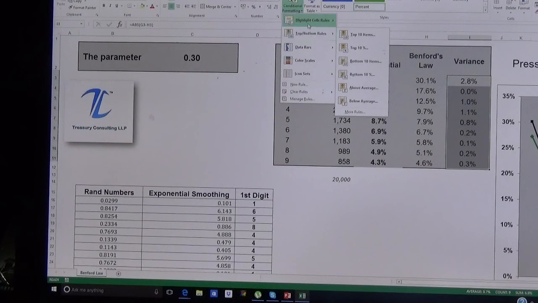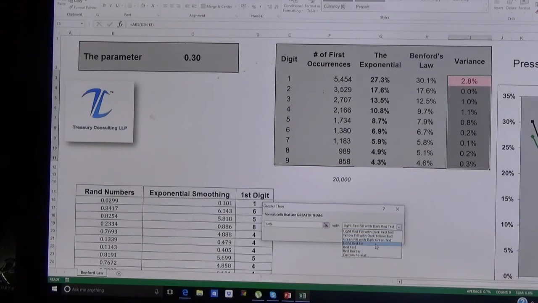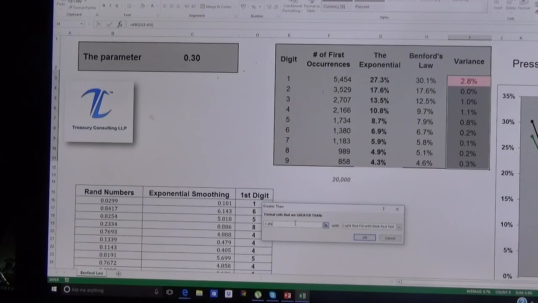Now let me highlight cell rules, say greater than. I will say light red. You can take this, not a problem. If it is greater than 1.5%.